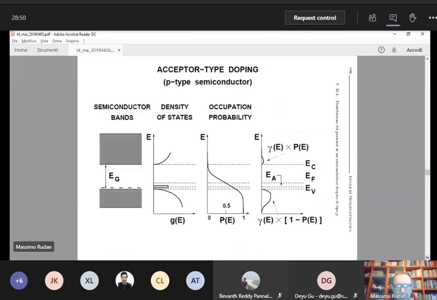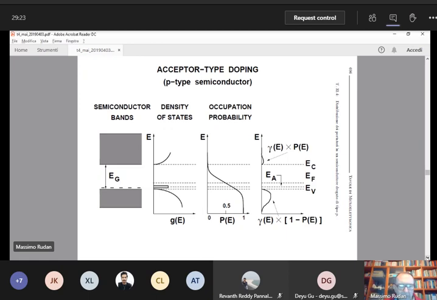Now we discuss the dual situation, that is the situation of the acceptor type doping, like boron. In this case, it happens that the position of the additional states provided by the acceptor atoms is still in the gap, but very close to the lower edge of the valence band.